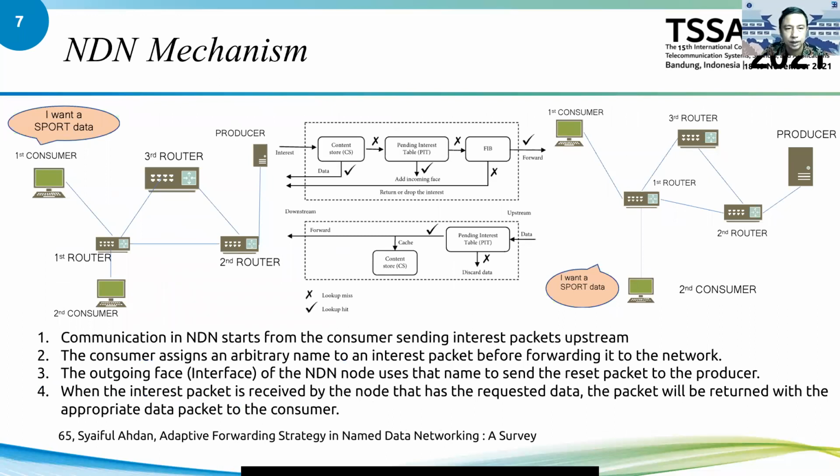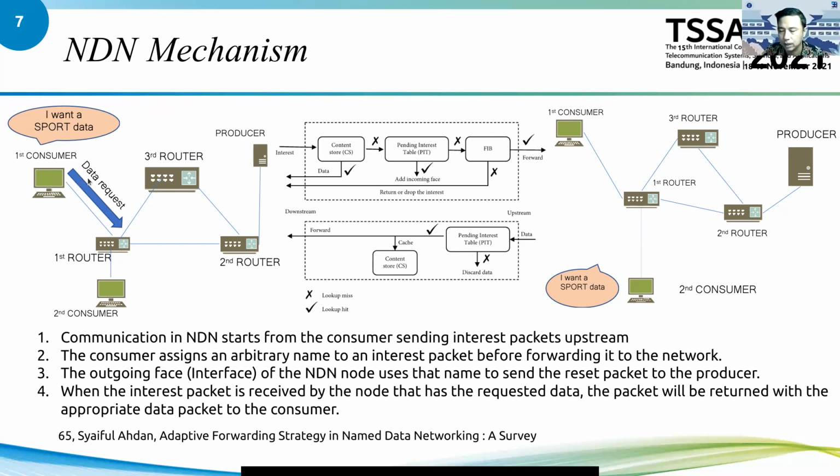This is the end-to-end mechanism. First, communication starts from the consumer sending an interest packet. The consumer assigns an arbitrary name to the interest packet before forwarding it into the network.